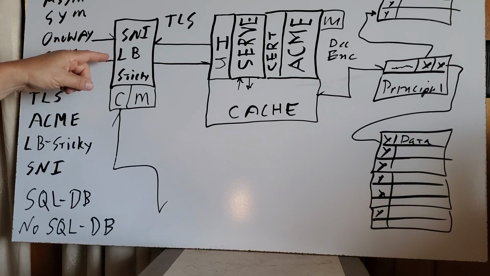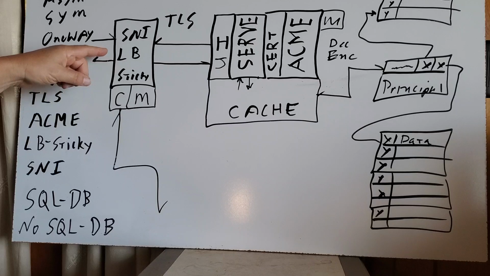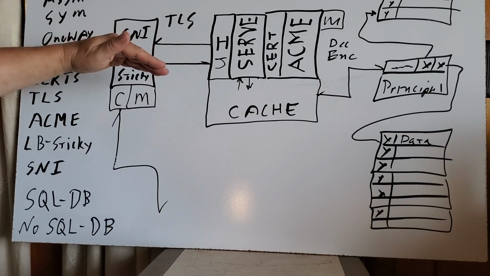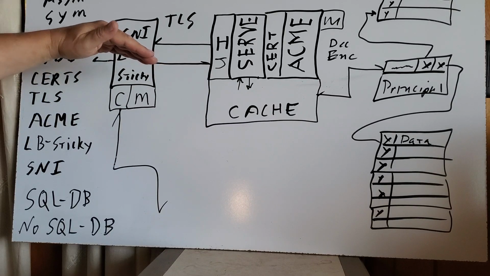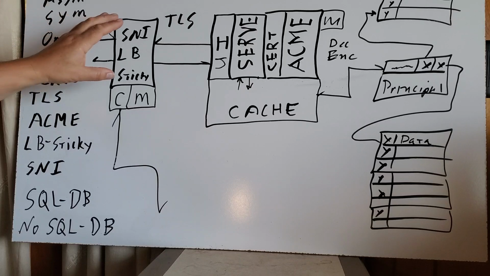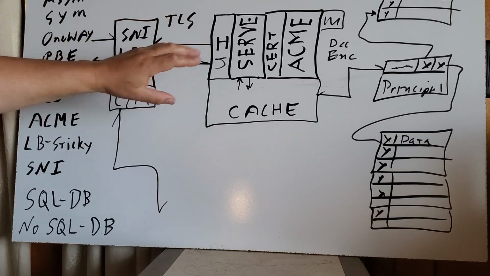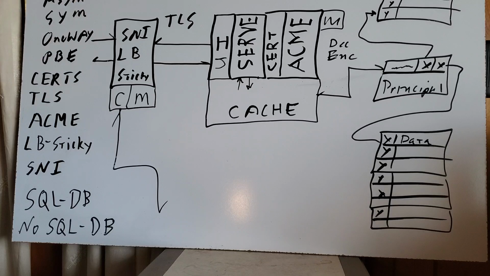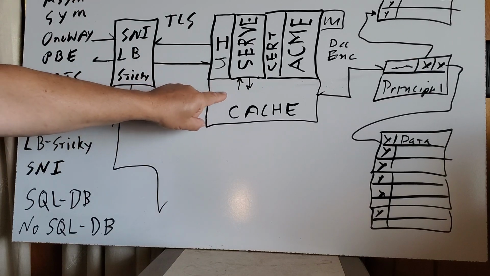I'll have a sticky load balancer that will also pick out a server and stick with the same server based upon some information in the internet, such as the internet address. Basically, any internet address that has established a connection here will want to go back to the same server, because a connection is going to be cached here.